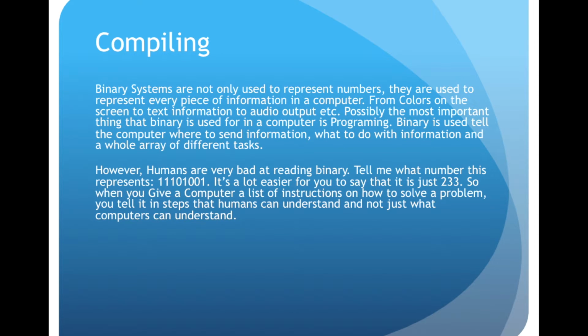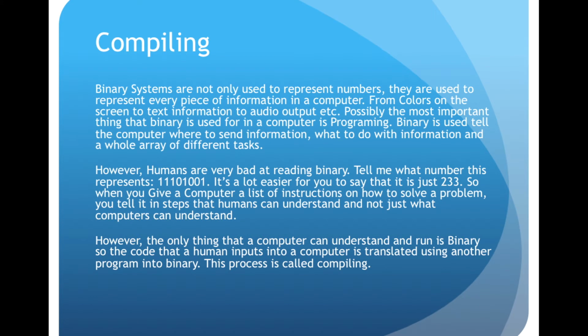Now, another important piece of information that computers are going to understand is if you want to tell a computer how to do something, like give it a set of instructions and say, hey, do this, i.e. programming, well, computers can only run binary code.